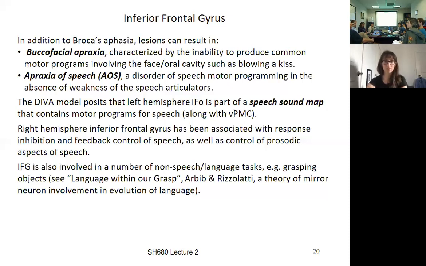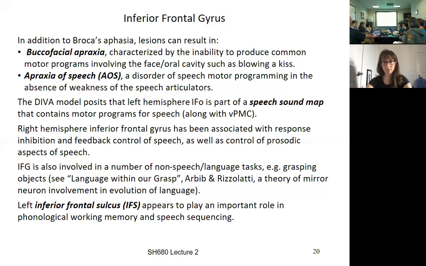So their case is that this mirror system is why we have language. It's central to language, and it probably evolved from grasping, not from vocalization-type calls. Who knows? Controversial, tough to prove, but an important line of thought that's interesting to think about.